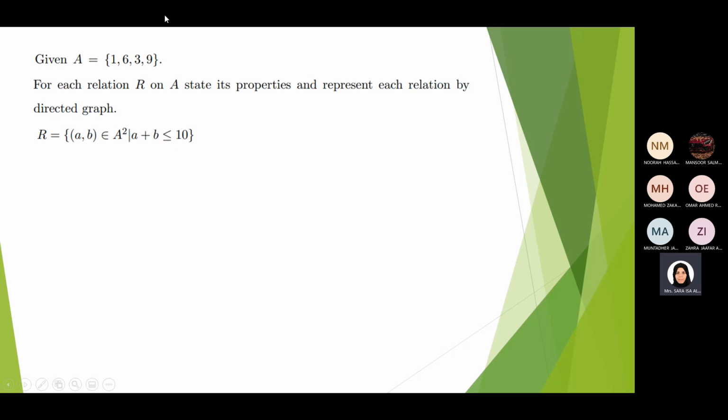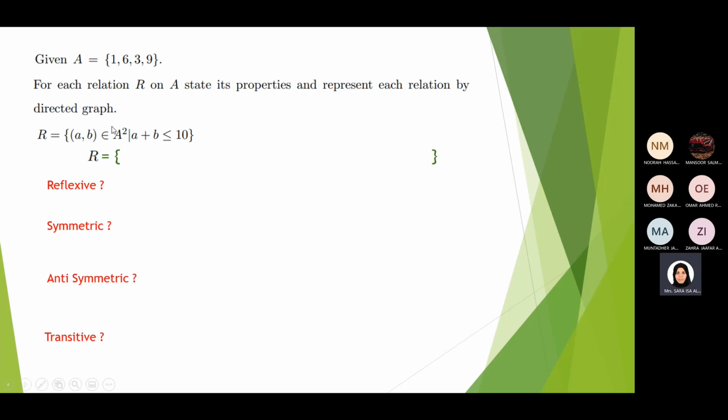Now, our domain here is limited, so I can list the pairs. It's not Z, for example. In case it is Z, I cannot list the pairs. Here we have only 4 elements. So can I represent what is in R? I have to check.